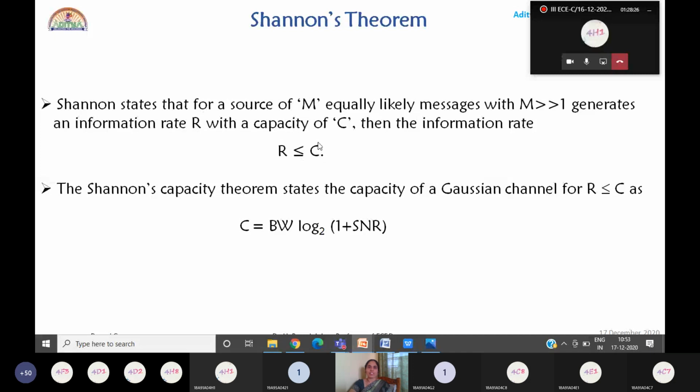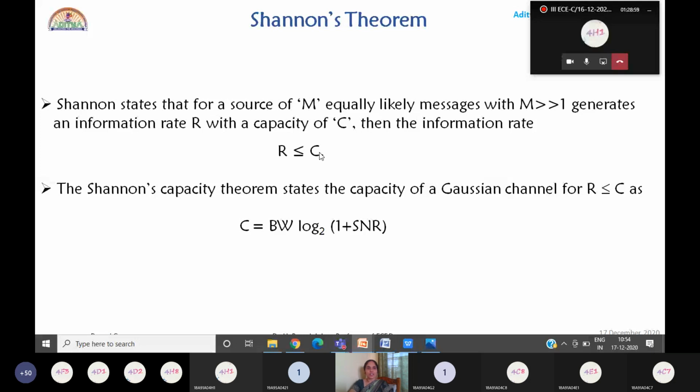So the maximum channel capacity is capital C. So our channel has a capability of allowing only capital C bits per second. So our information rate should be always less than or equal to the channel capacity, because if you transmit more data, then can our channel allow that data? No. So that's why always information rate should be less than or equal to the channel capacity.